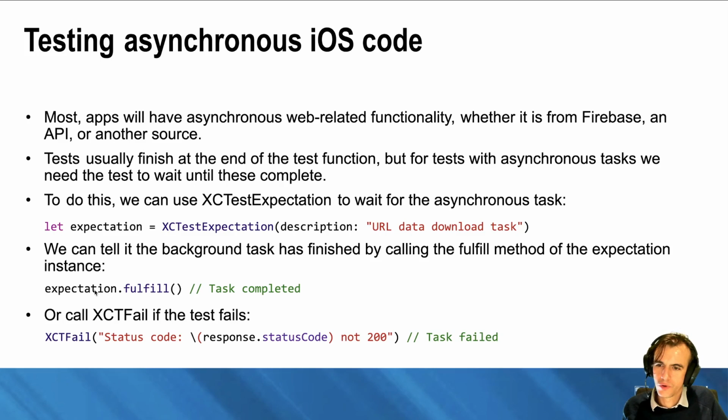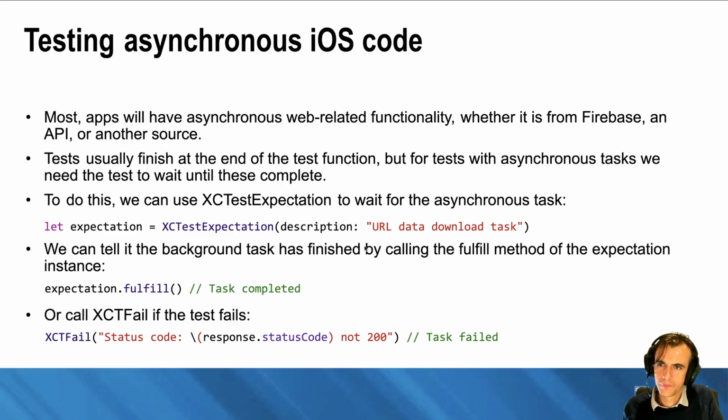Either you call the fulfill method of the expectation instance, which is you letting it know that it succeeded, so this is something you could put in the completion handler. Or any time it encounters XCTFail, this is like hitting an assertion and it causes the test case to fail.